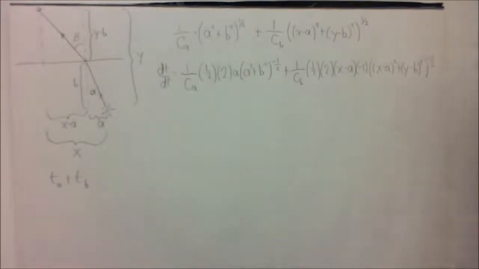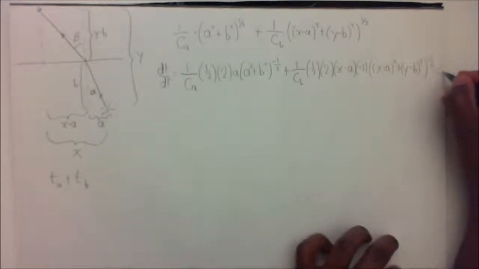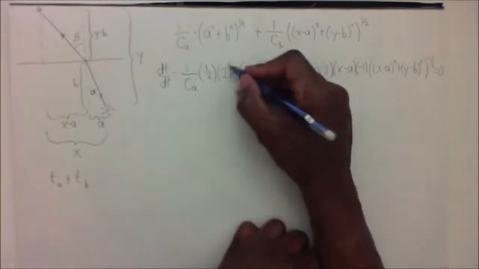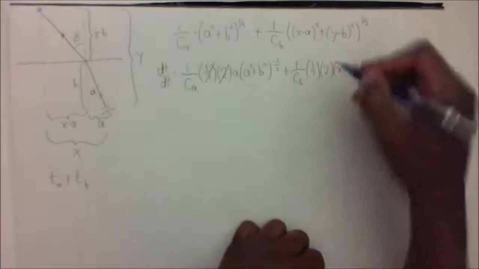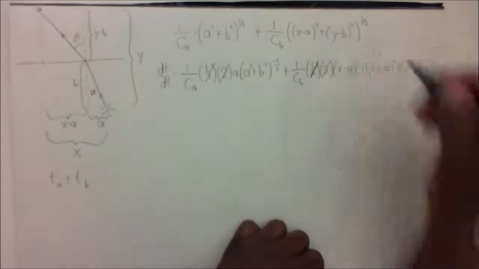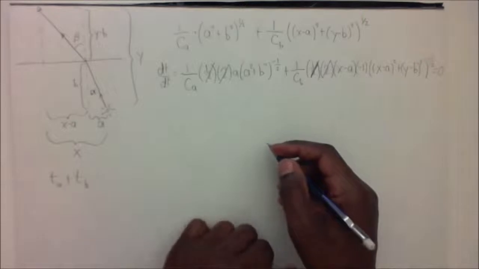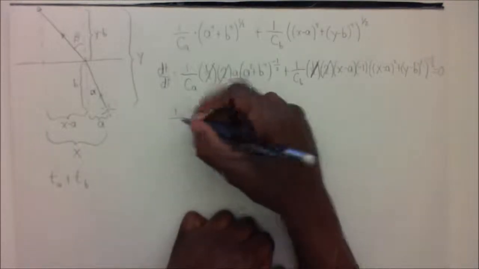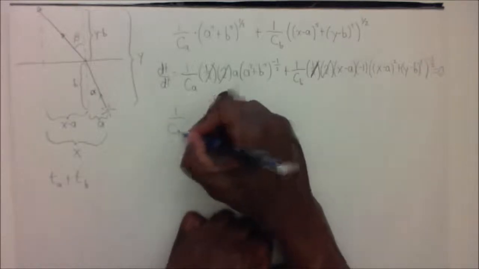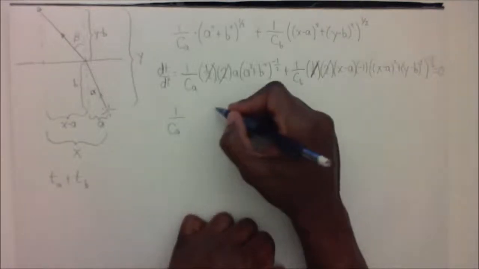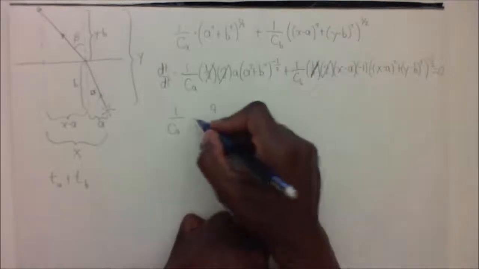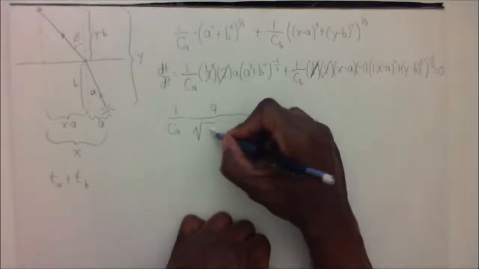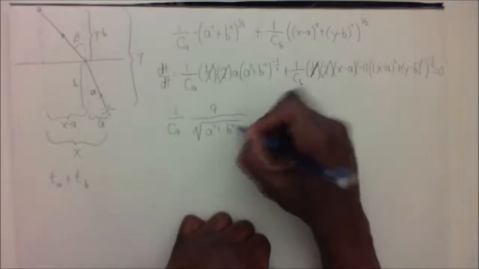And that will all be equal to 0, since we're trying to find the minimum time. The 2 and the 1/2 cancel out here, and the same with the 2 and the 1/2 there. So what we will get now is 1 over c sub a times a, divided by the square root of a squared plus b squared.